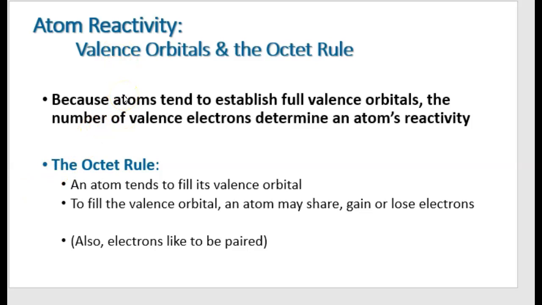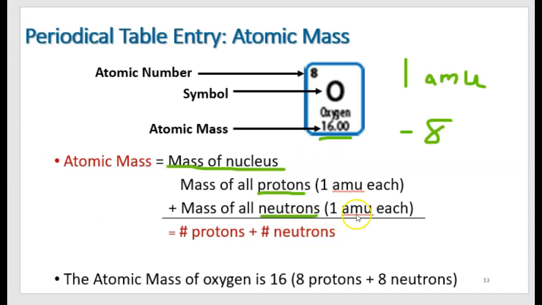As I mentioned previously, the number of valence electrons will largely determine an atom's interactions with other atoms. So we need to think about how many electrons there are and how to represent where they are located. If I go back to the entry for oxygen, we know that there are 8 protons and 8 neutrons.